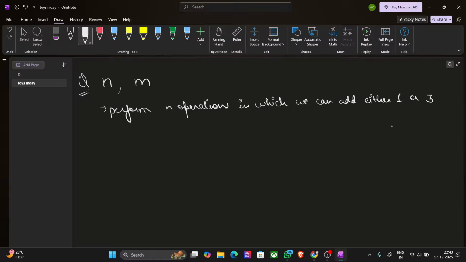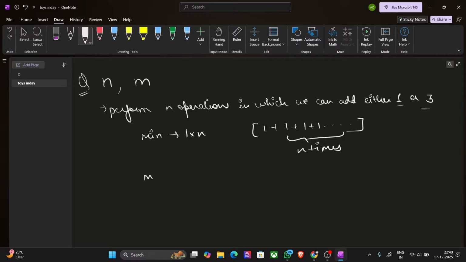Now, if you see what is the minimum value that I can make from 1 and 3, the minimum value is 1 into n. That means I have taken all the 1 operations n times, right? This is the minimum value that I can make with n operations.